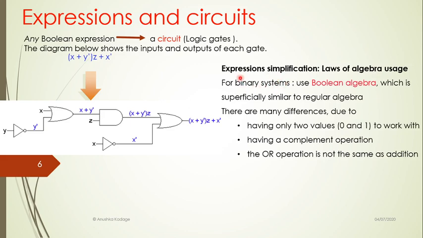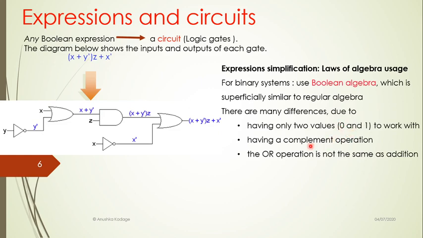Every binary system is going to work upon this Boolean algebra. But never get confused between the Boolean algebra and the regular algebra that we use in our mathematics subject, because the basic differences between the Boolean and regular algebra are listed over here. The first major difference is that Boolean algebra works on only two values, zeros and ones.